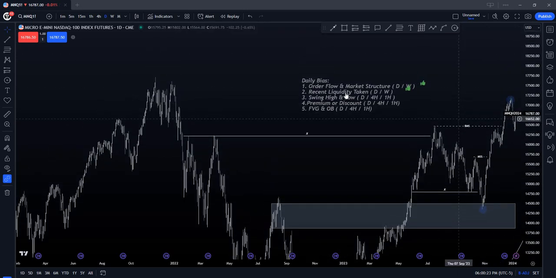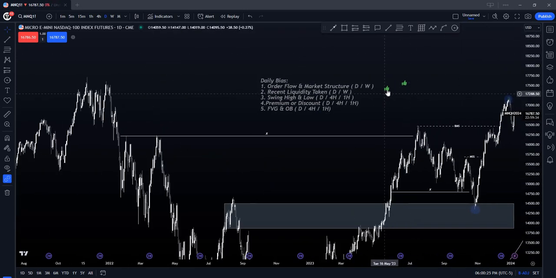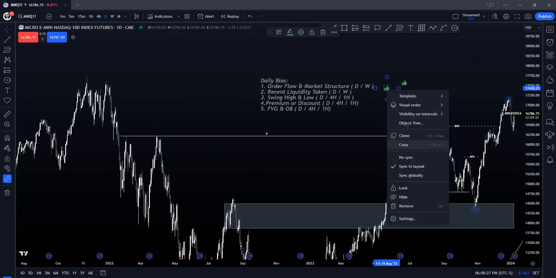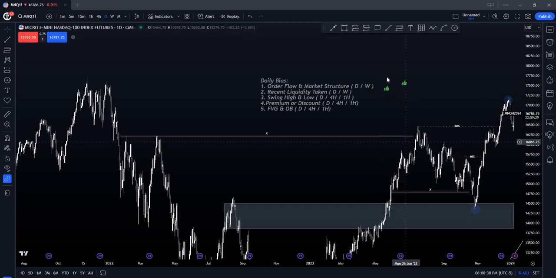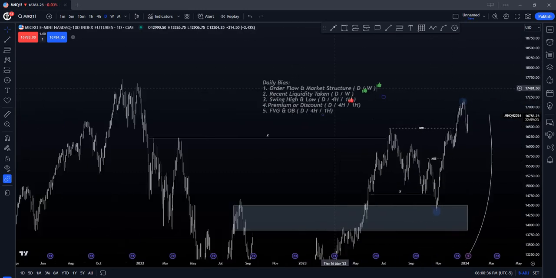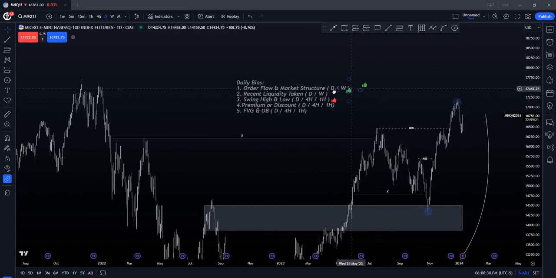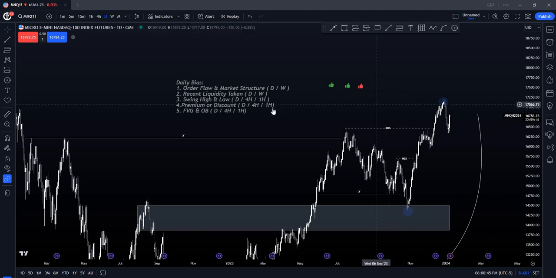Let's check this out. We've got two bullish. Let's copy or clone this. This would be bearish. So two green, one red. Two bullish, one bearish.